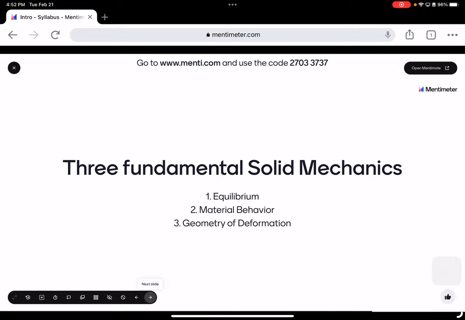Okay, so these are the 3 fundamentals in solid mechanics, or in mechanics of materials. First is equilibrium. Equilibrium means that for any formulation related to a mechanical phenomenon in a material, we first need to write it down. Of course, in statics, because we assume everything is rigid, it is just by itself.